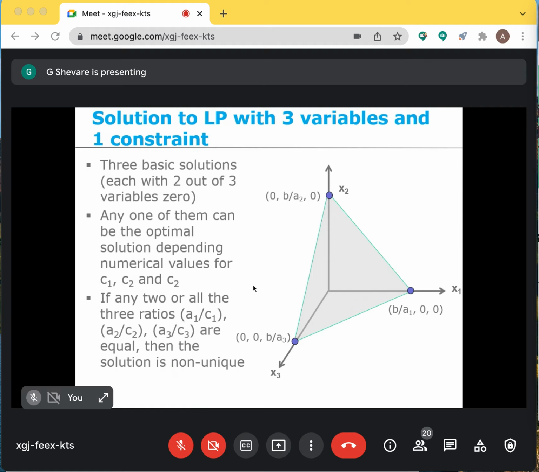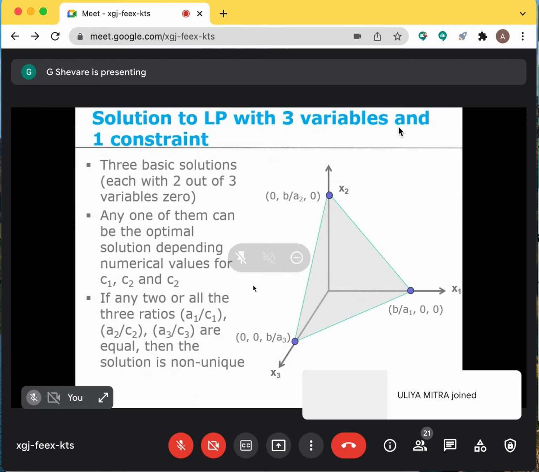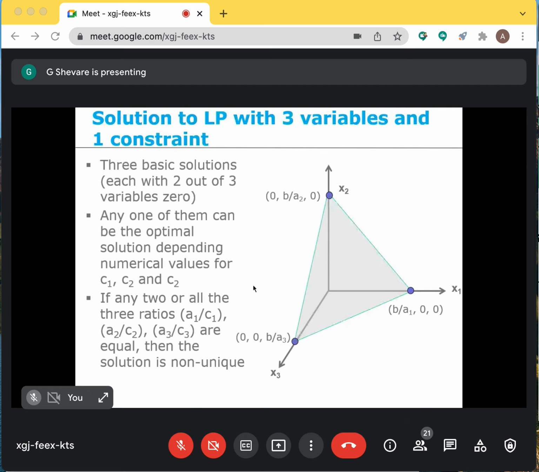And if I put one constraint, which, remember, is a linear constraint, it will be a plane in 3D space, and it will intersect the three axes at the points b by a1, comma 0, comma 0, etc. Now, if I write down the cost function as a linear combination of x1, x2, x3, again it will be a plane.